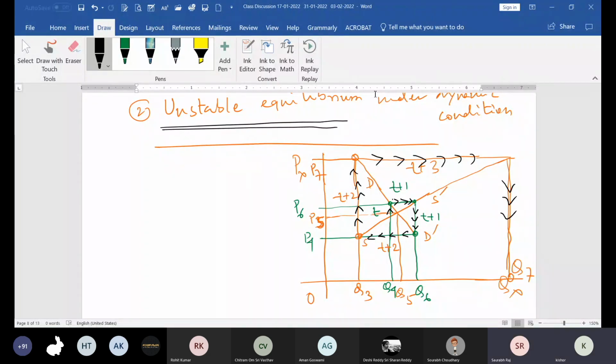When the slope of the demand curve is more than the slope of the supply curve, the system is divergent and equilibrium is unstable. Be specific, otherwise you will be in trouble. So what is your question? Yes, sir, that one I was asking. Okay, that the slope of demand is greater than the slope of the supply line. You see the diagram also. From the diagram it becomes clear. The slope of the demand curve is much higher than the slope of supply.